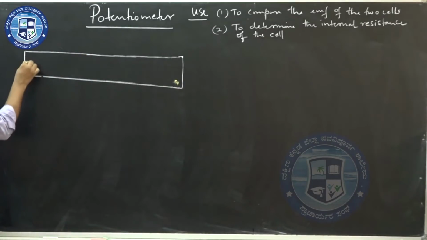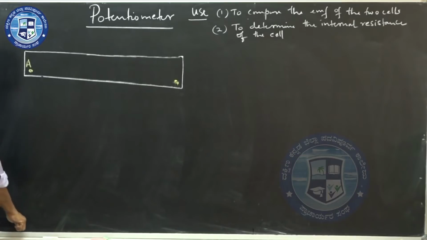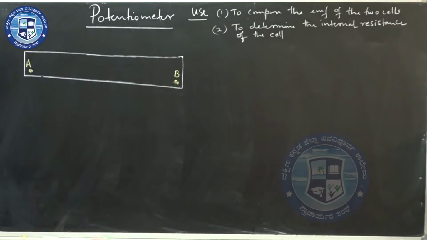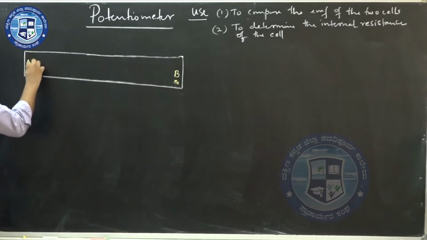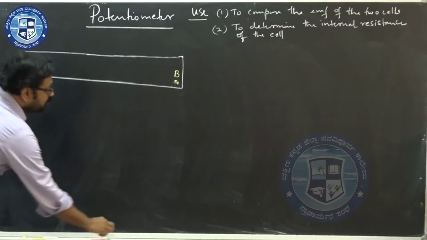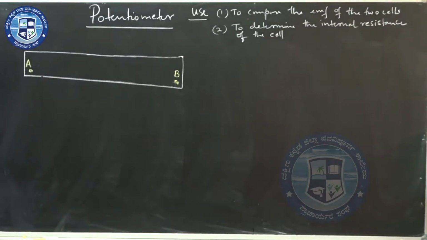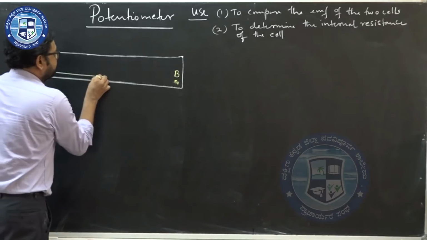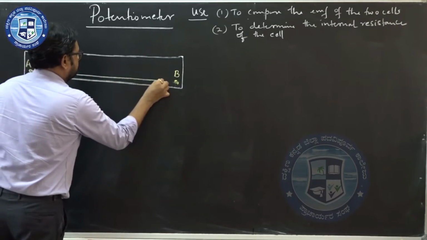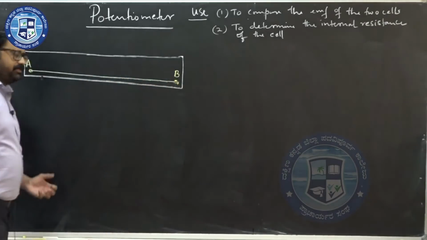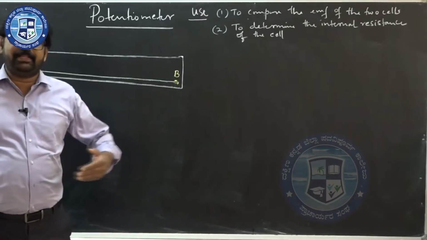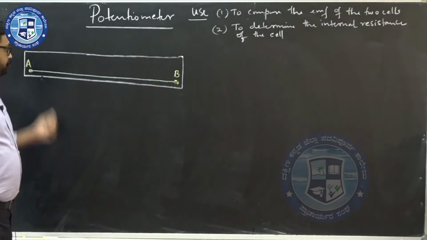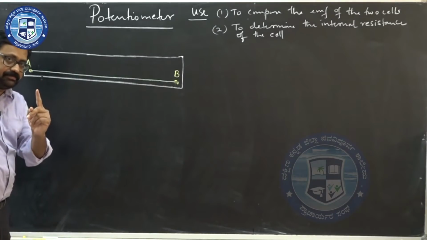For your reference, I will name one terminal as terminal A and the other as terminal B. Between these 2 terminals, A and B, there is a uniform wire. When I say uniform, throughout the length of the wire, the thickness is the same, and its length is 1 meter.